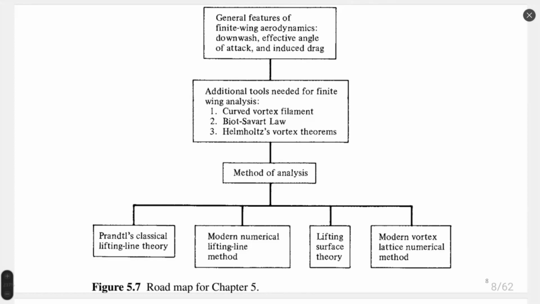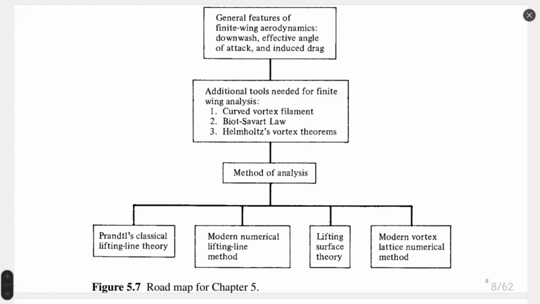They are the vortex filament, the Biot-Savart law and Helmholtz's vortex theorem, which are used to build a numerical or analytical method of calculation of the wing, similar to the method of calculation of an airfoil by vortex sheet.